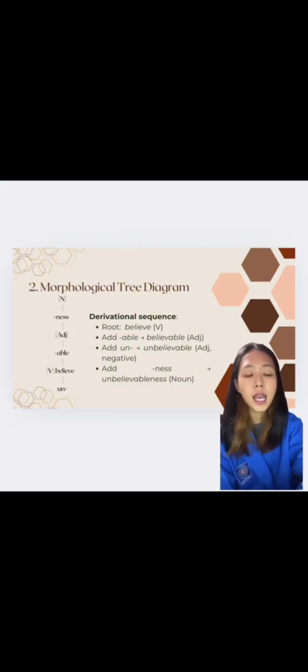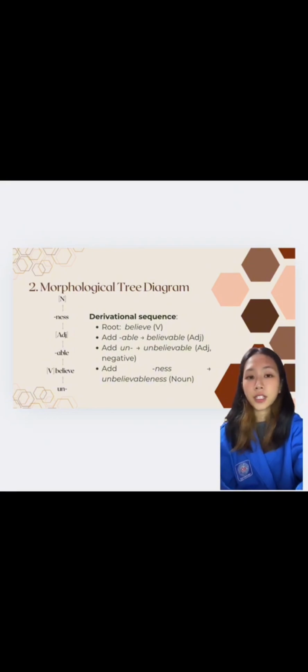And the last is ness, unbelievableness, a noun. I will explain the morphological tree for this slide. Here's the morphological tree. The base is believe, a verb. We first add able to form believable, an adjective, then un to create unbelievable, and finally ness to form the noun unbelievableness. Each step transforms the grammatical category.